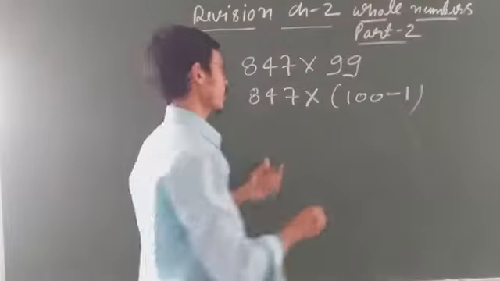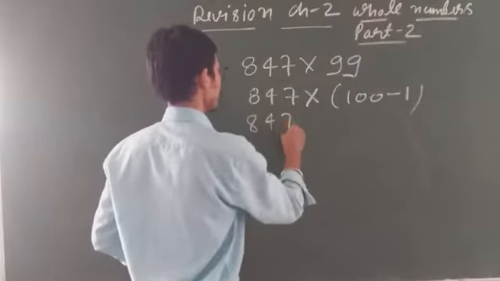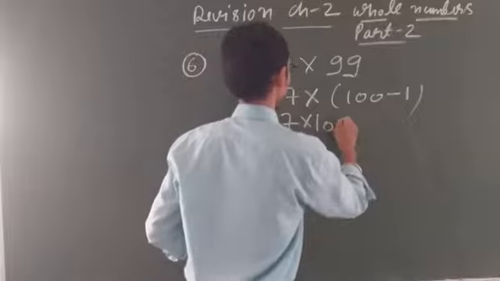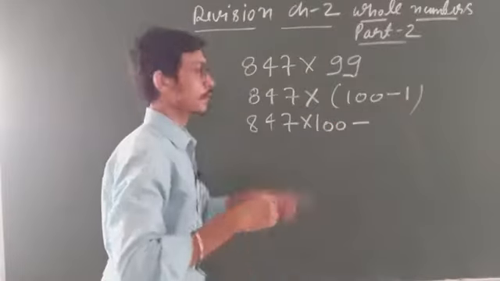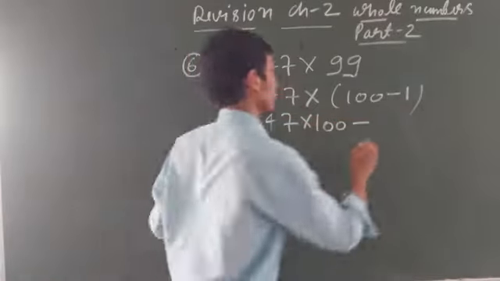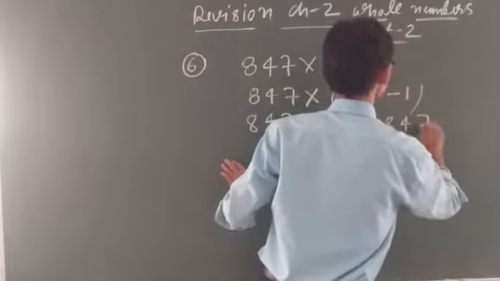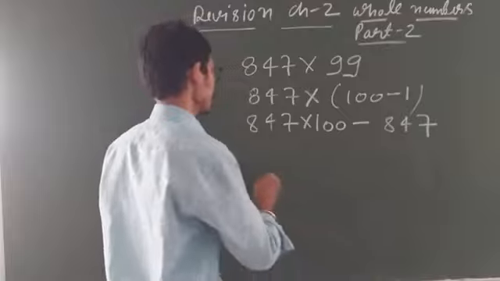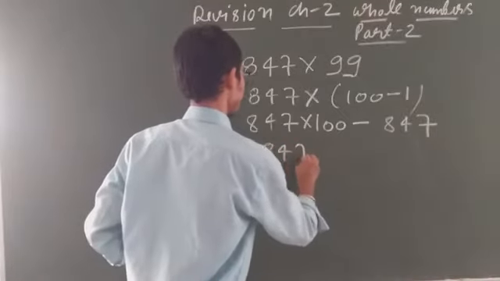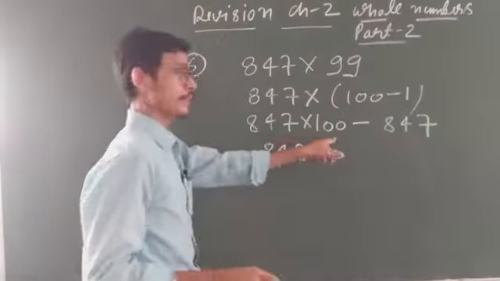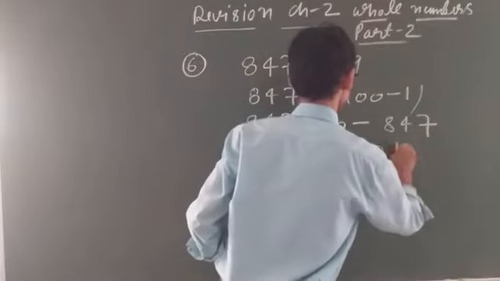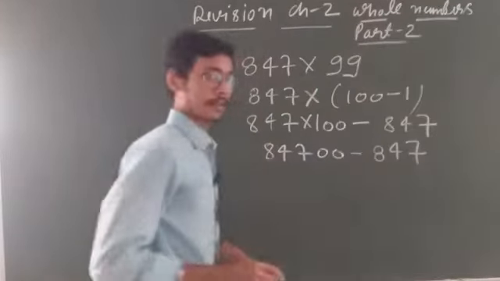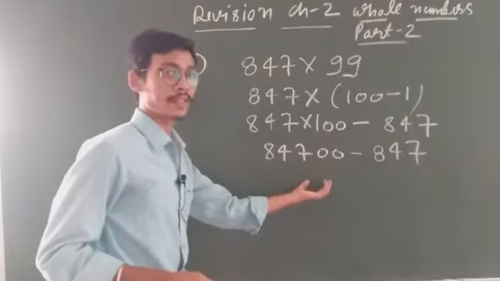Is that clear? So now it will become 847 into 100, minus sign is given, minus 847 multiplied by 1, so what will come? 847. Is that clear, student? So now the next thing is 84700, because you add two zeros, minus 847. Clear, student? Look, it is very easy.